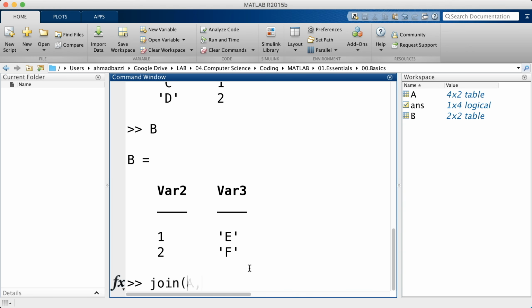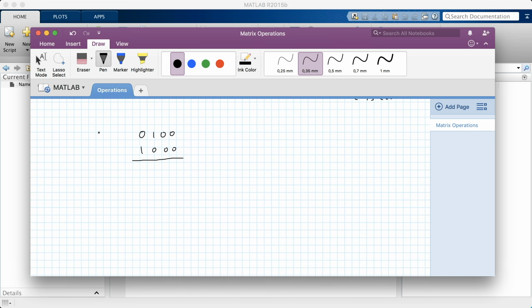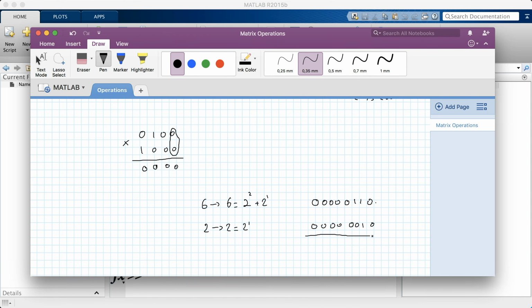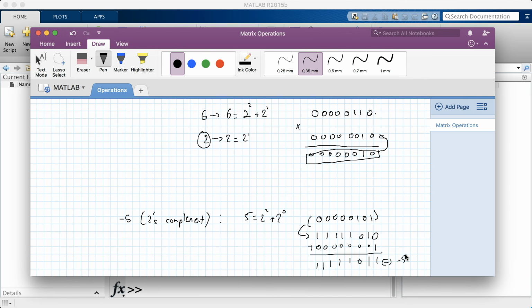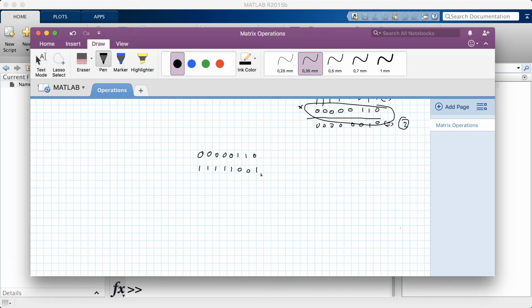Find the unique elements of a certain array, and last but not least, we saw how to deal with bitwise operations. In the next one, we'll talk about more advanced stuff like loops and conditional statements. I'll see you then.